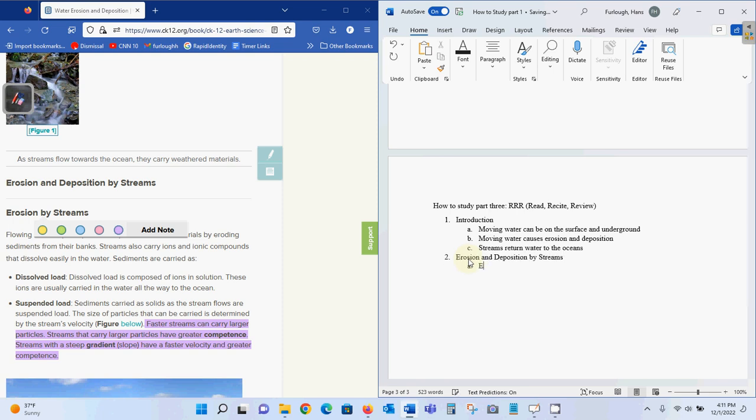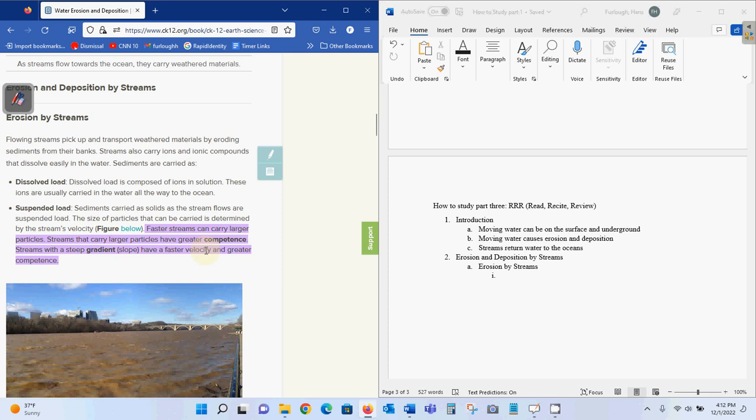First of all, we're going to learn about erosion by streams. Okay, so I'm going to indent a third time, because everything under A is going to be about erosion, and everything under 2 is about erosion and deposition. So we have those subcategories.